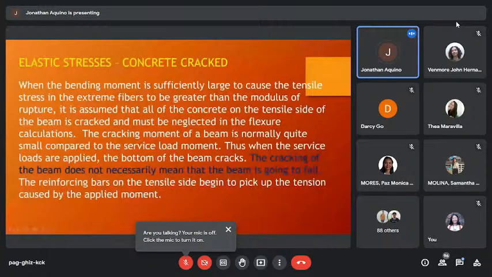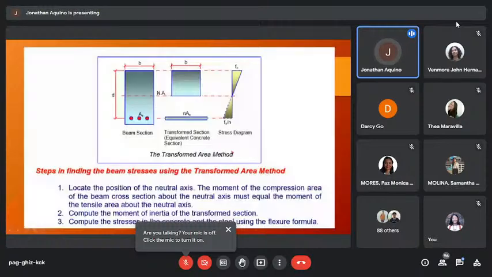Okay. So these are the steps in designing the single reinforced rectangular beam using the transform area method. So in the transform area method, let's say for example, this is the typical beam section with dimension b and d.